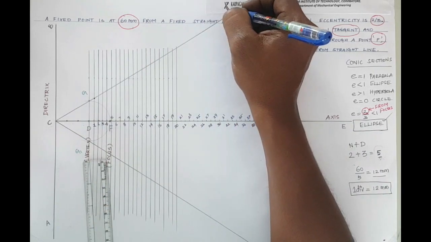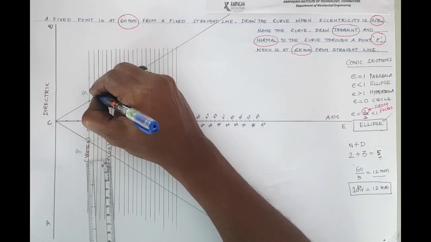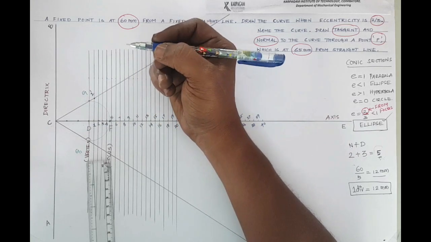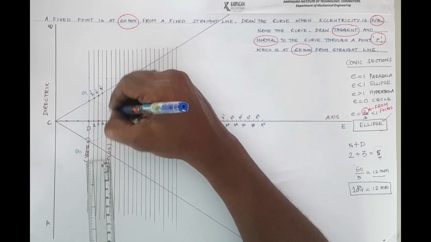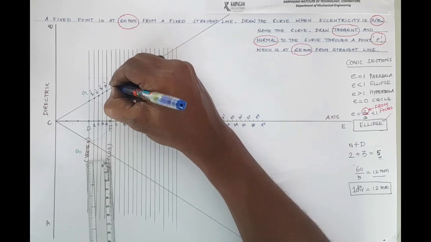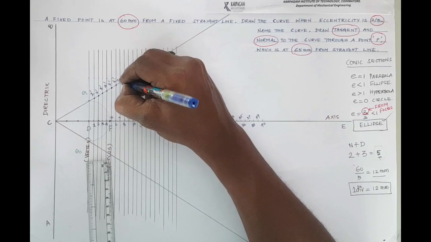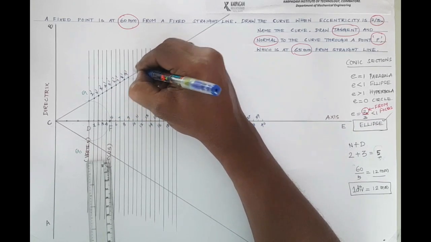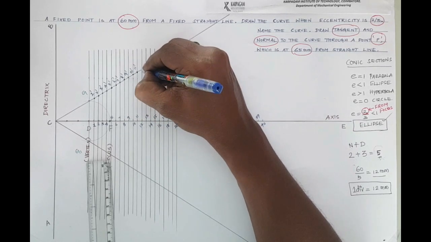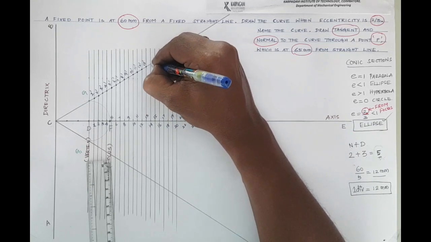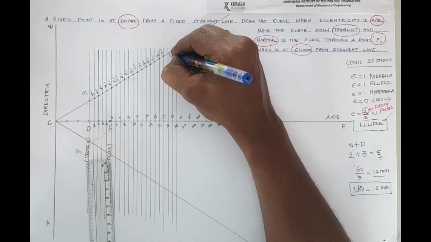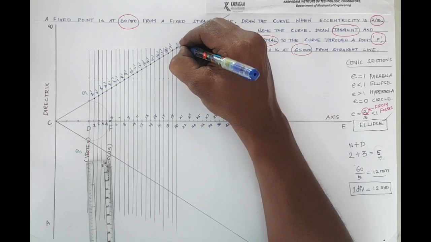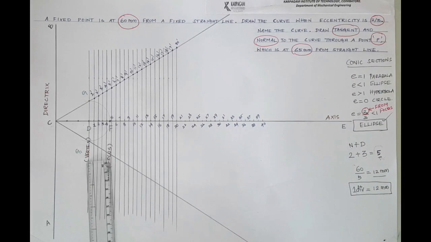So at the top on this angle line, CG line, it is to be marked as 1 dash, like that. 2, so this is 2 dash, and this with 3 dash and 4 dash, up to 8 dash, 9 dash, 10 dash, 11 dash, 12 dash, 13 dash, 14 dash, 15 dash, 16 dash, 17 dash, 18 dash, 19 dash, 20 dash. So I have marked the points in the top CG line.